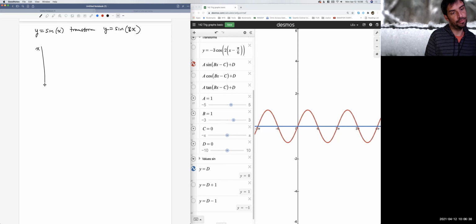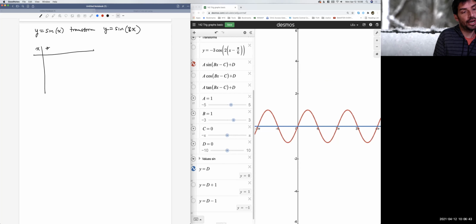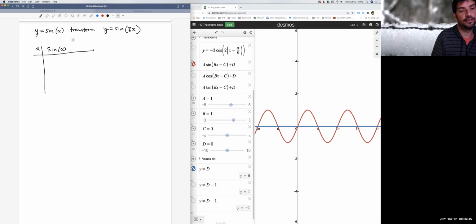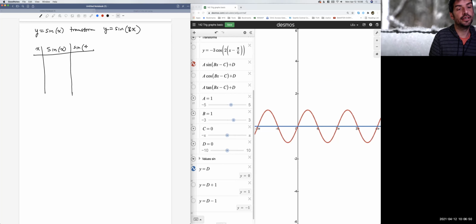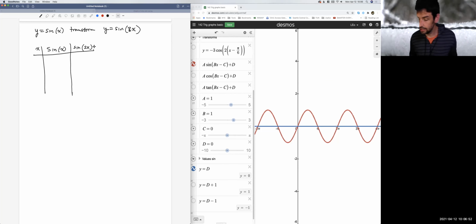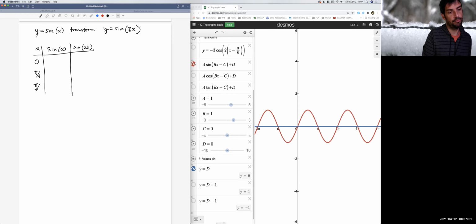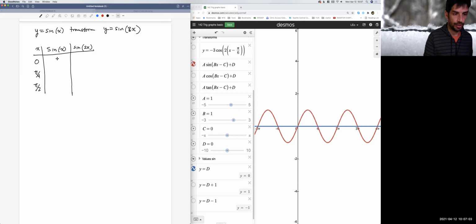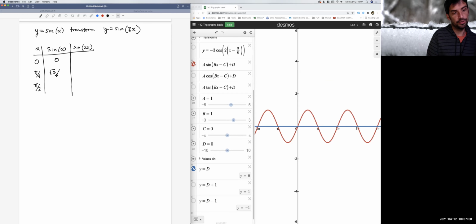Let's graph a couple points just like before, and look at what happens to the sine of x and the sine of 2x. So I'm taking the value for b to be 2. I'll do the same points I did last time. 0, pi over 4, pi over 2. So here we get sine of 0 is 0, sine of pi over 4 is root 2 over 2, sine of pi over 2 is 1.